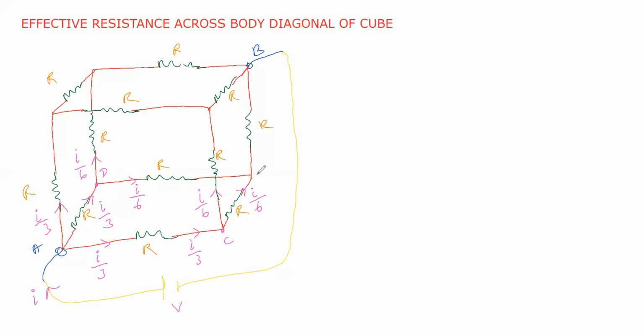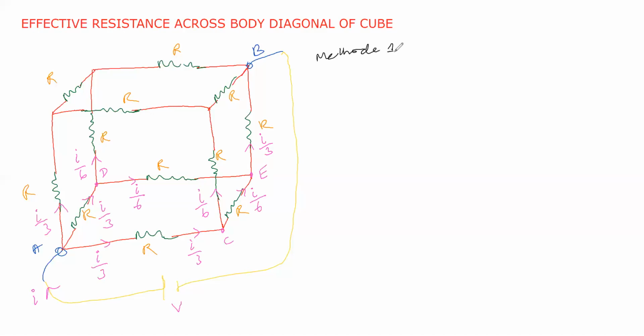Now this is the point E. At point E, two I by 6 currents are entering, so through this resistance, I by 3 current is passing. So first we are going to solve effective resistance by method 1.